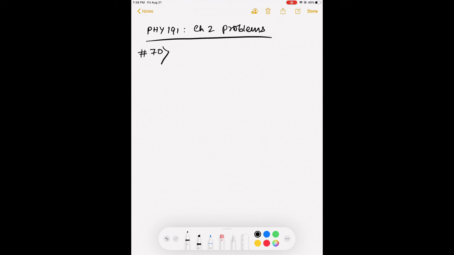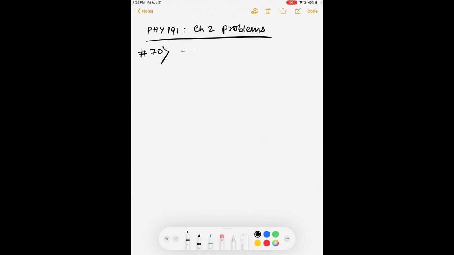You are probably noticing a lot of problems coming from free fall motion. The reason is that you're going to see a lot of these scenarios in the subsequent chapters, so it's very important for you to understand how these kinds of problems work.